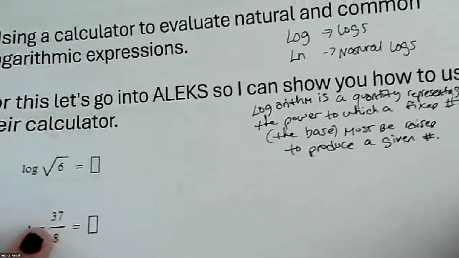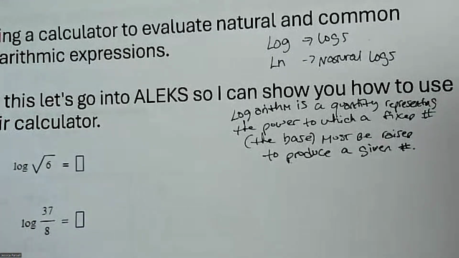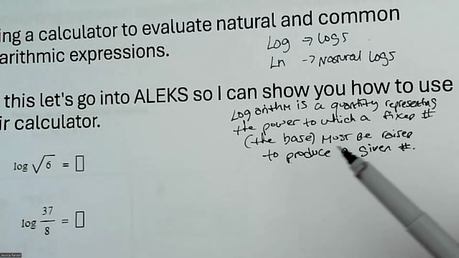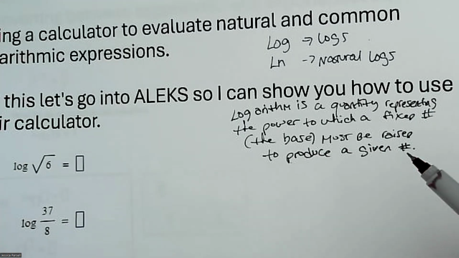I did try to put a little simple definition of what a logarithm is. A logarithm is a quantity representing the power to which a fixed number that they call the base must be raised to produce a given number. Another simple way of saying what a logarithm is: it's the power or exponent to which one base number must be raised or multiplied by itself to produce another number.